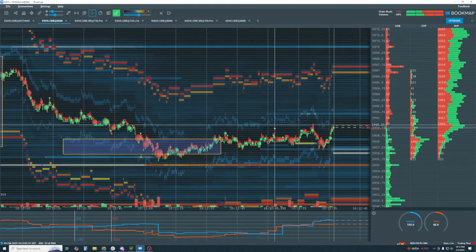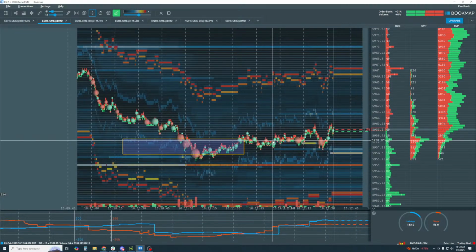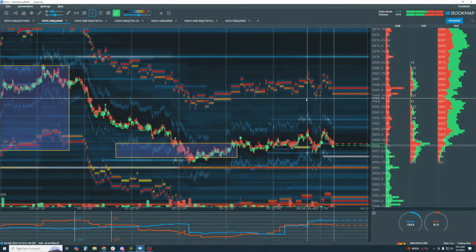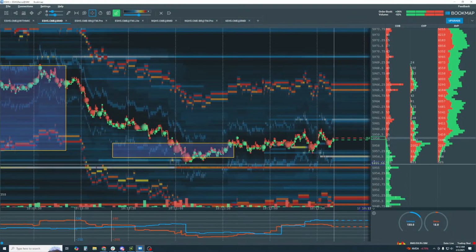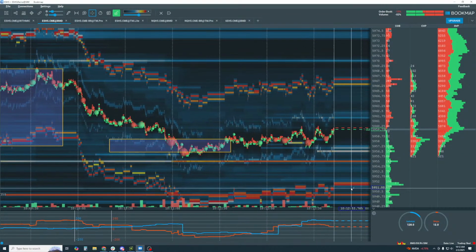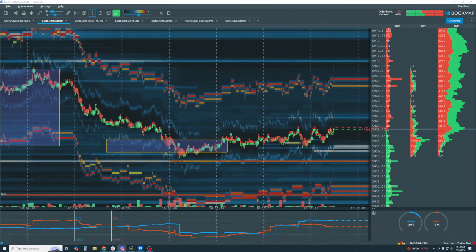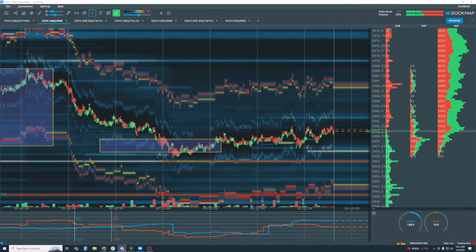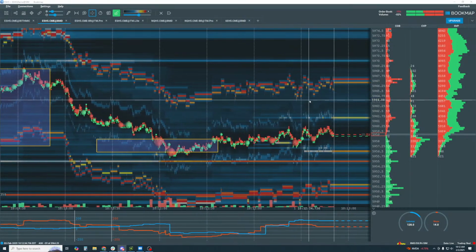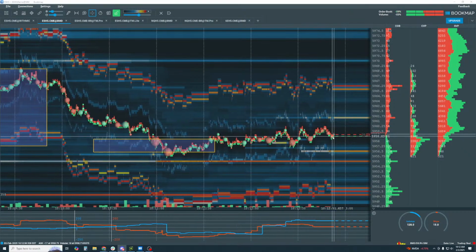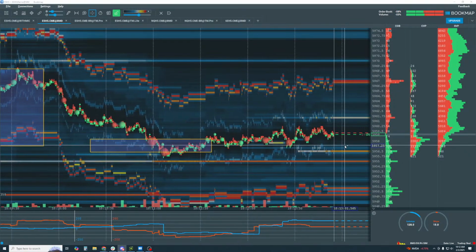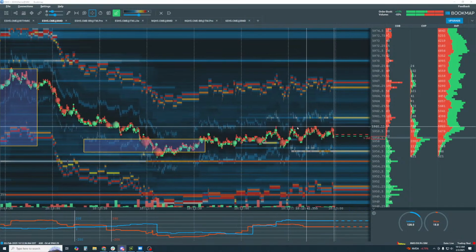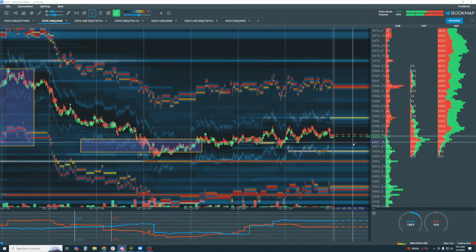Okay, so we're still just chopping around in here, looking to see if we can get down into this liquidity at 55, or maybe the figure down here at 50. Let's take a look. Very tight little range right now.